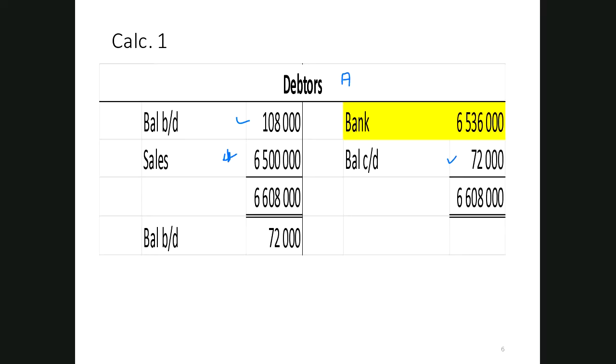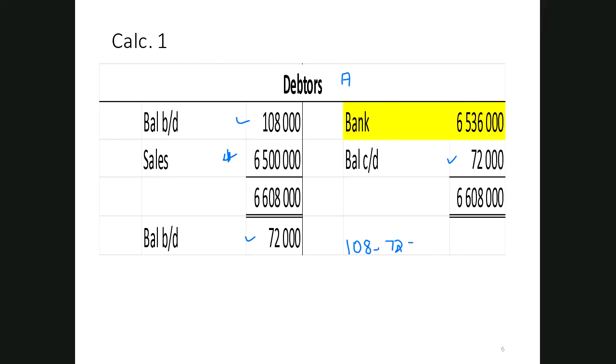So that means that the debtors owe us less at the end of the year than they did at the beginning of the year. In fact, if you take the 108 and you subtract 72, I'm not going to put all the noughts, you're going to get 36.